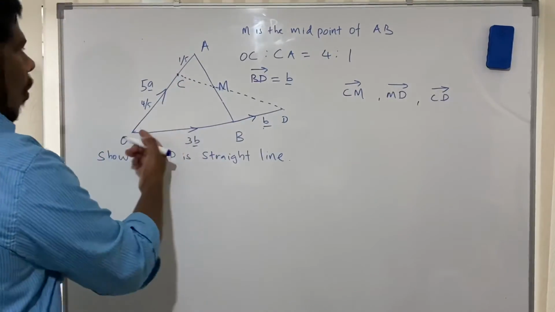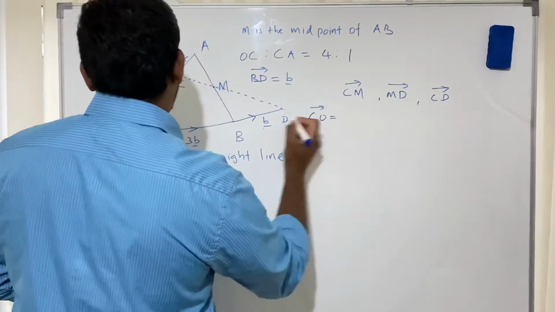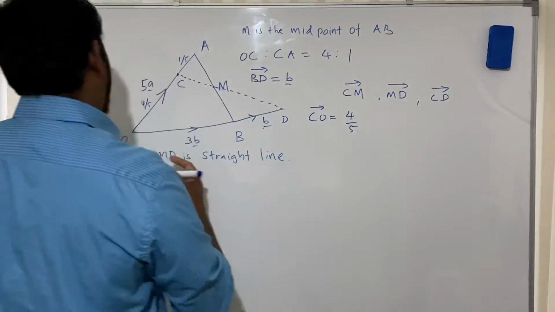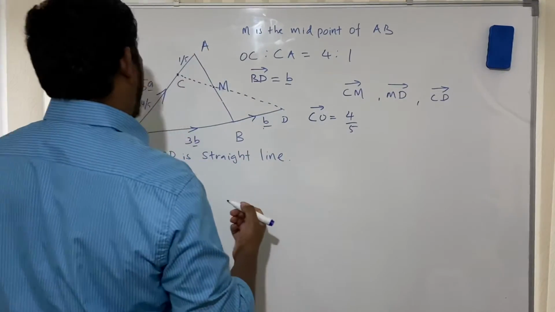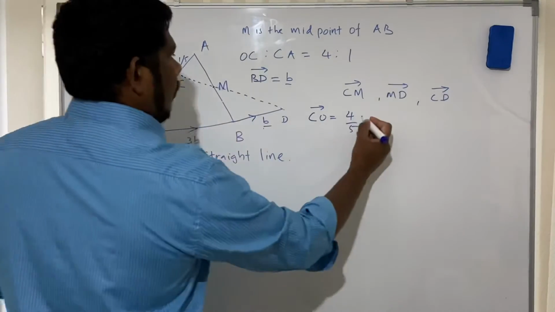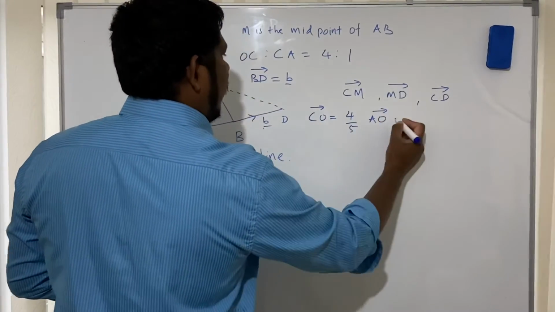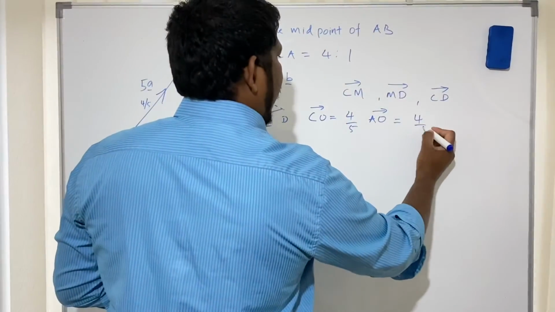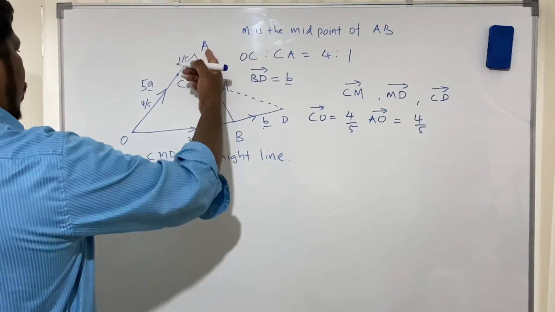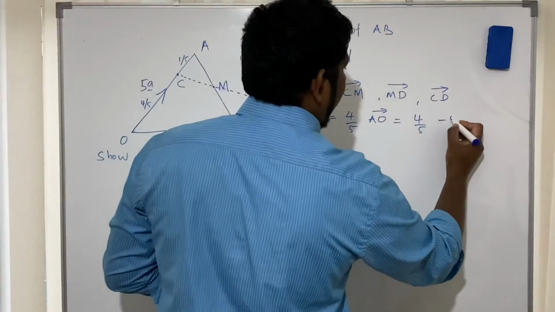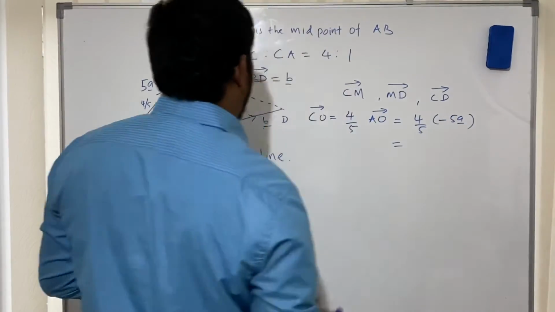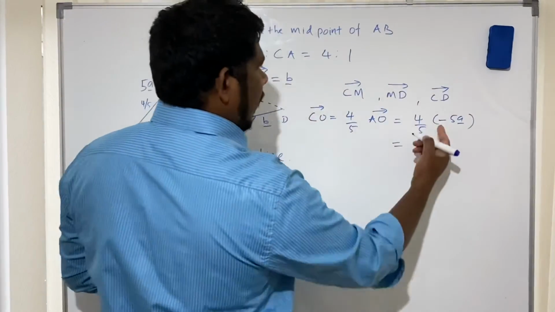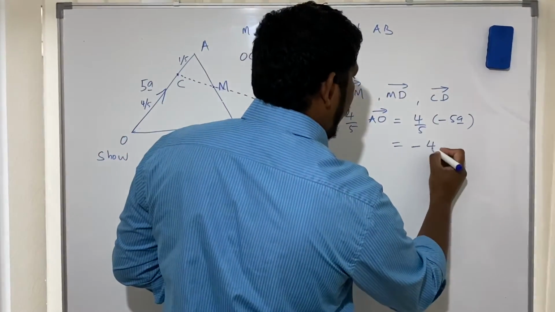So vector CO is 4/5 vector AO. Okay, just write down like this. And 4/5 vector AO is -5A. So I can say vector CO is -4A.